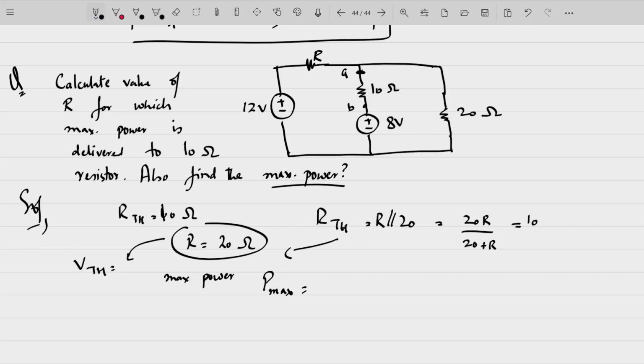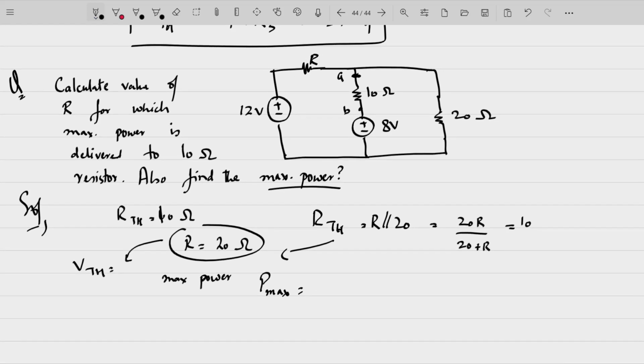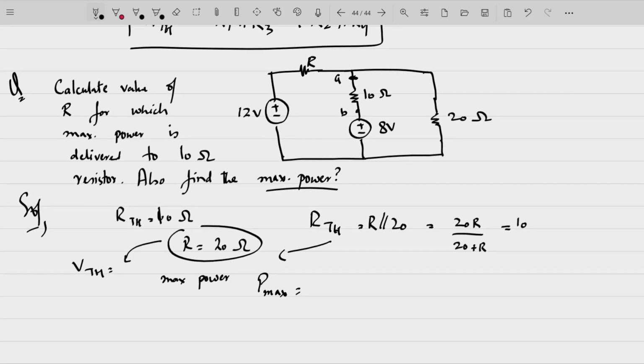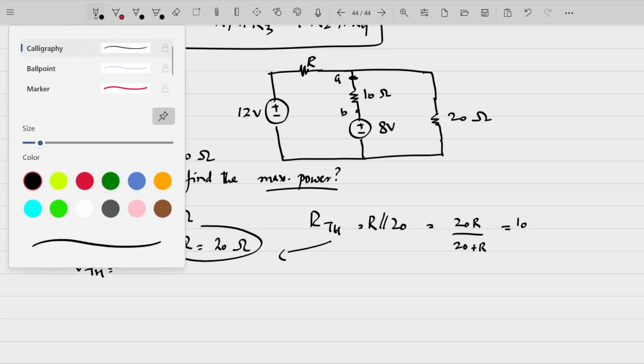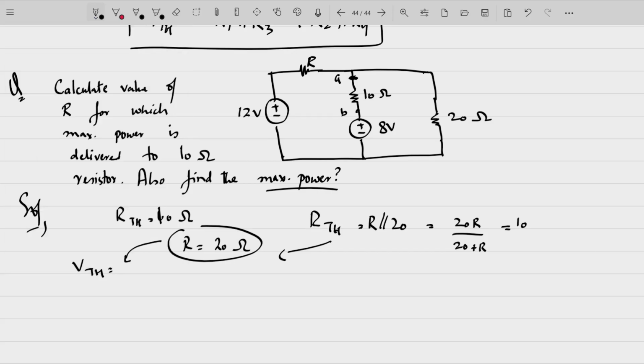निकाला आप लोगों ने VTH इसके लिए? VTH -2 आएगा. नो.